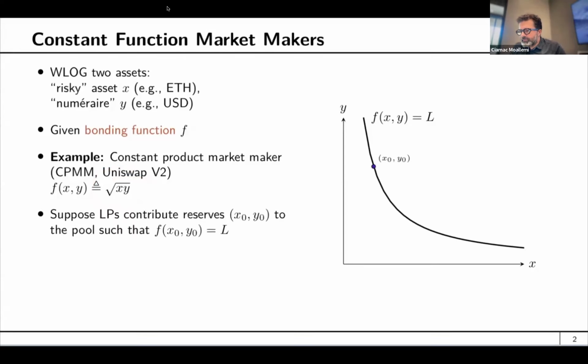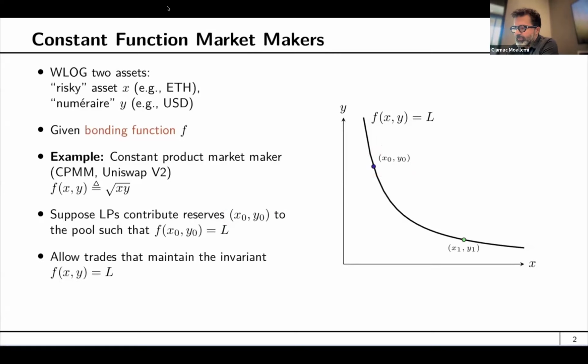And the idea is we're going to leverage the invariant set of this function F to define allowable sets of reserves for the pool. So we imagine we have a set of liquidity providers, and maybe at time 0 they contribute assets X0, Y0 and take the pool to some state where it satisfies the invariant F of X, Y equals L. So that's the way the pool starts.